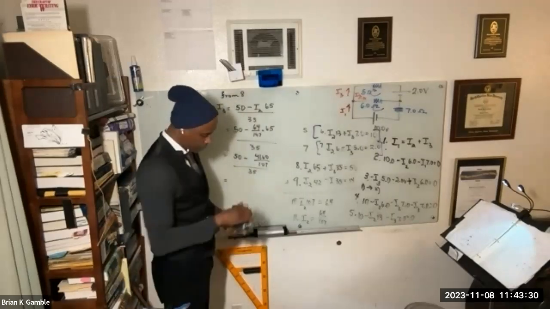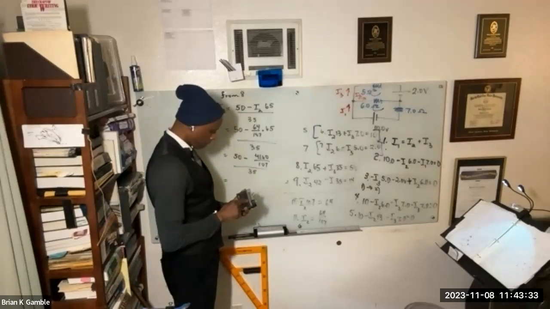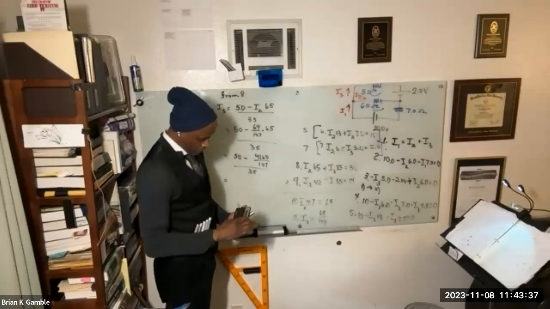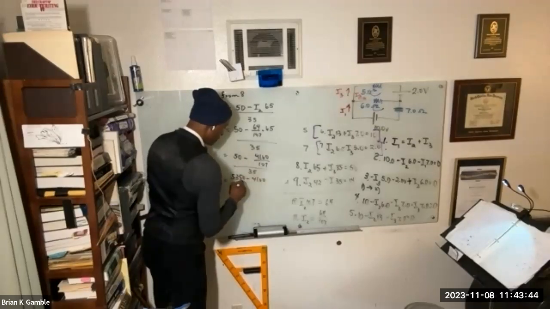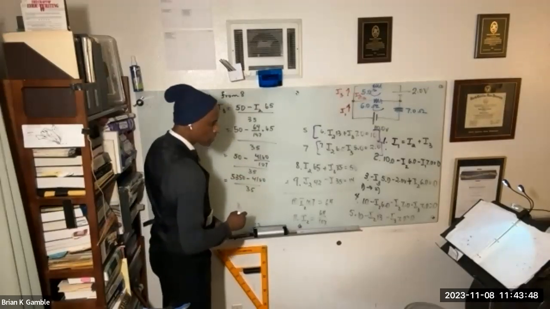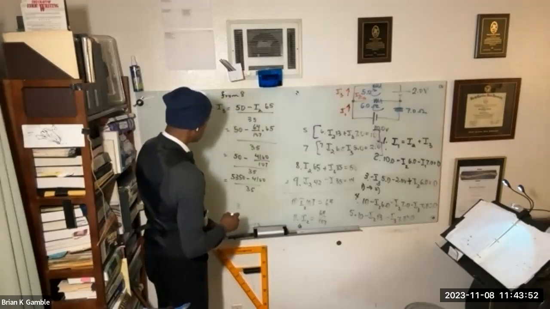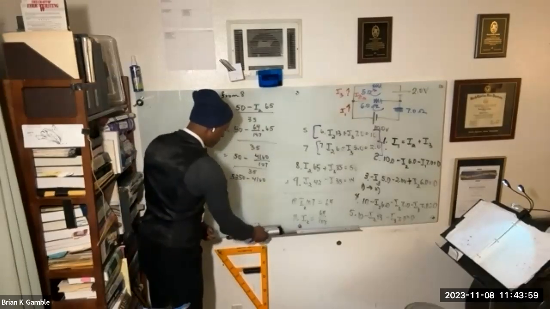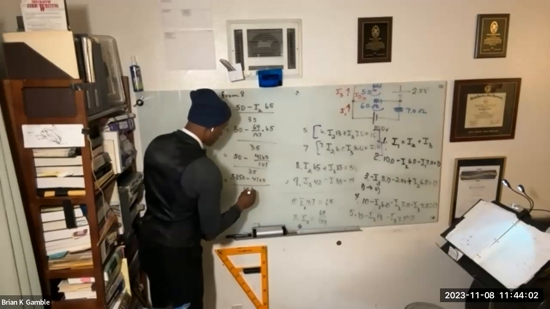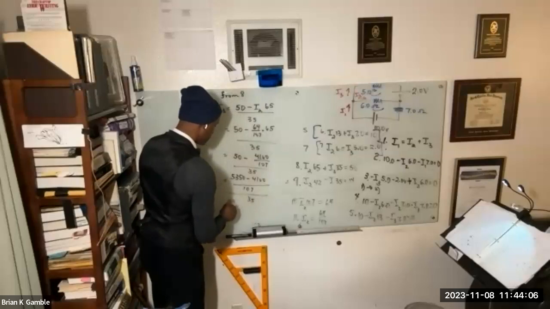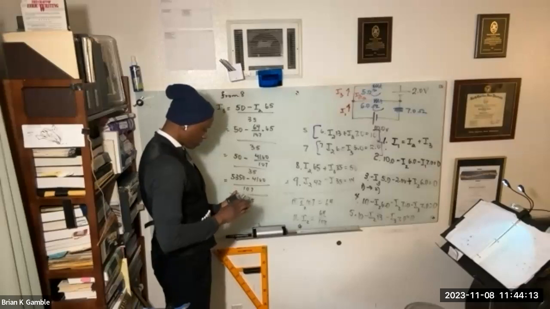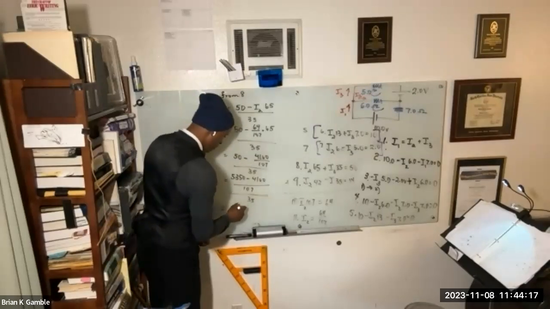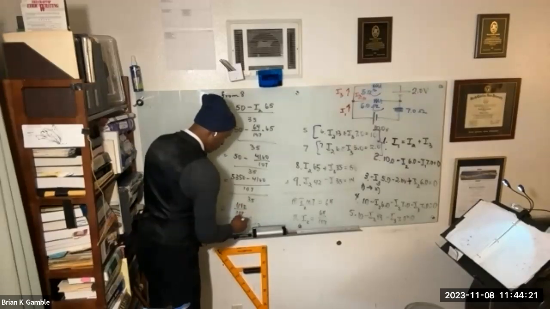So 50 times 107 is 5,350, minus 4160, over 107, over 35, is going to be equal to 1190 over 107 over 35.